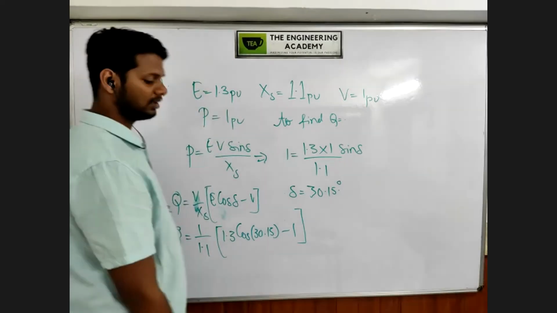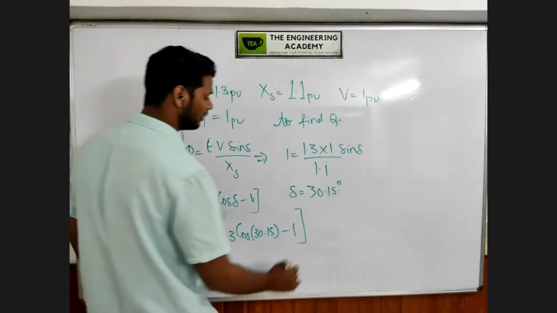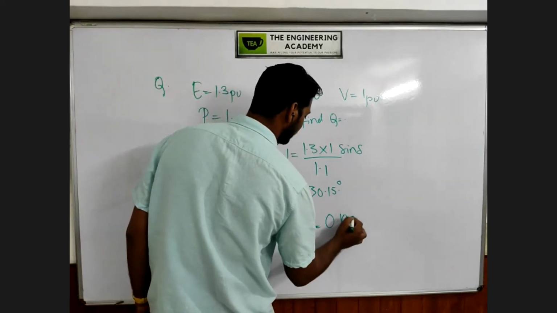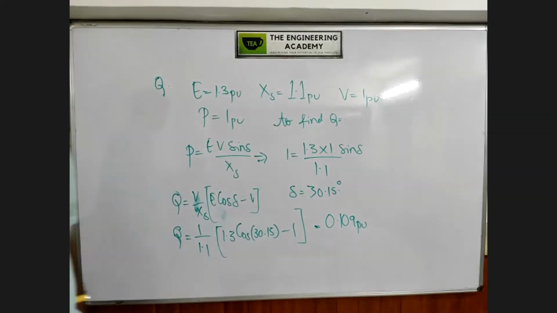After solving this, you will get Q is equal to 0.019 per unit. All the values are in per unit.